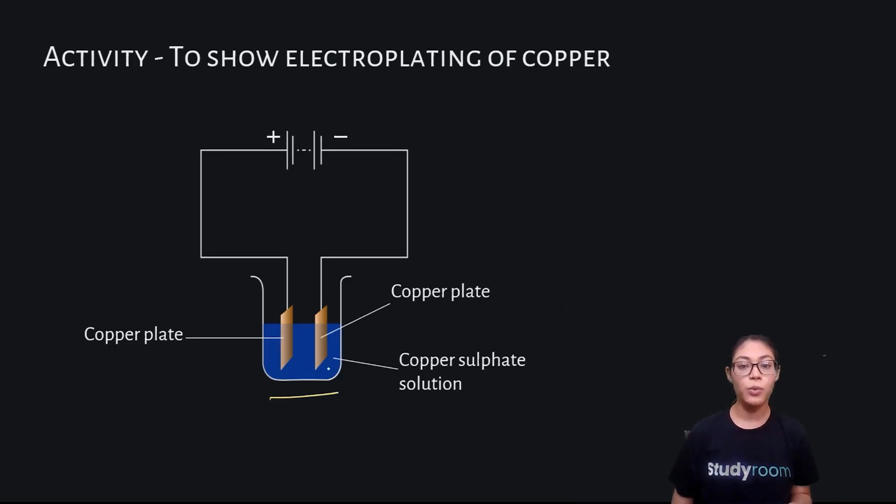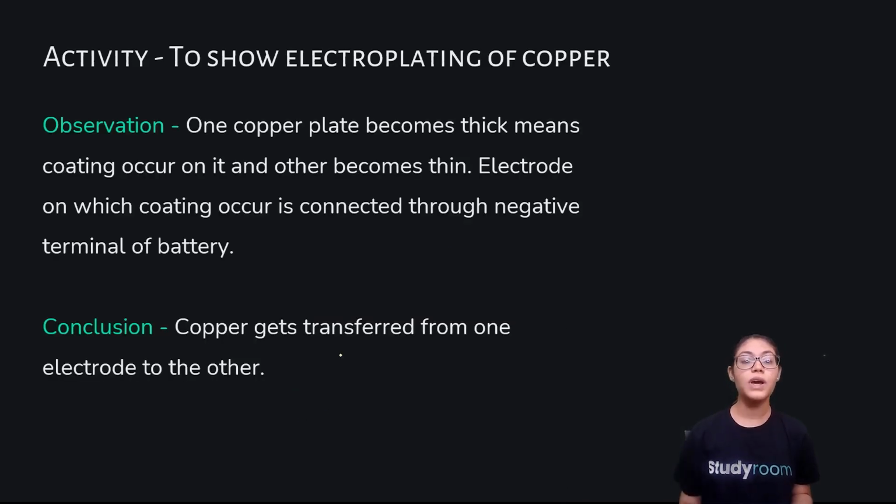Correct? So these are the two copper plates, they are connected to the battery and they are immersed in the copper sulfate solution. Now, what we will observe here is that one copper plate becomes thick, meaning coating occurs on it, and the other becomes thin. The electrode on which coating occurs is connected to the negative terminal of the battery. So suppose this is the beaker, and here is the negative terminal and here is the positive terminal.